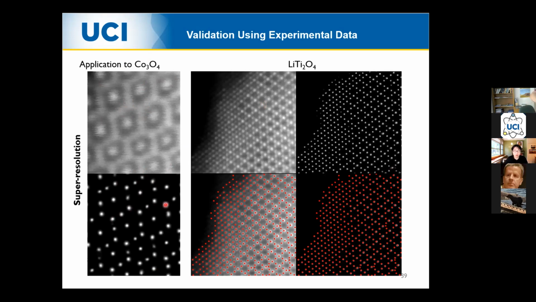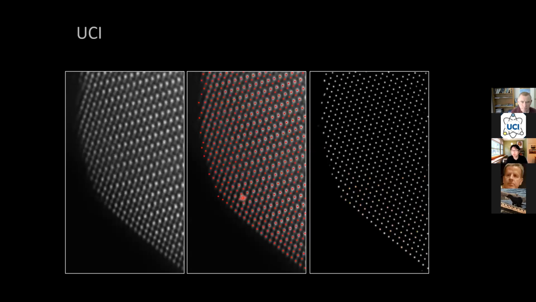So the 3 atomic columns are resolved with very high confidence. And here is a lithium titanate. It has a surface with a little rock salt structure. Inside, you can still call this a spinel-ish structure. And basically it can localize all the atomic columns correctly.